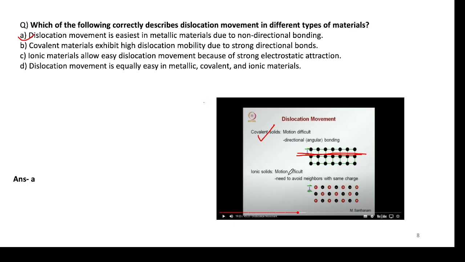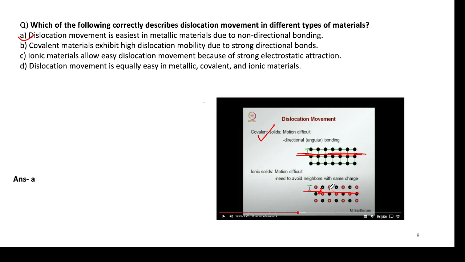In ionic solids, motion itself is difficult because the neighboring charge is not the same; it is different. Let's say you try to make a dislocation happen, but then the same types of charges can come together and repel each other.